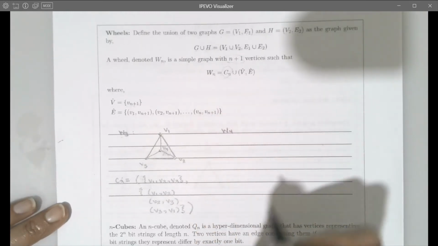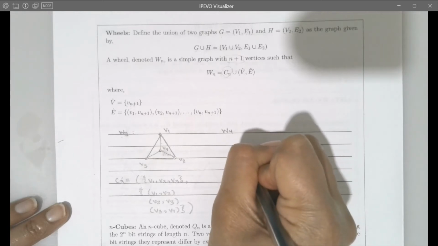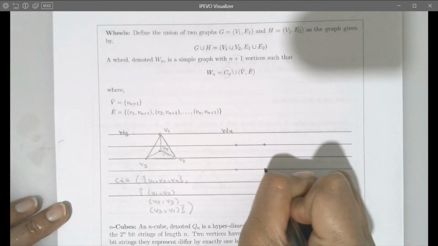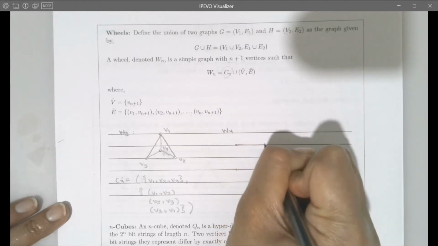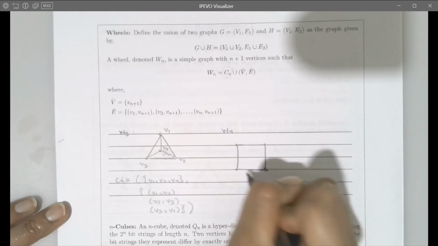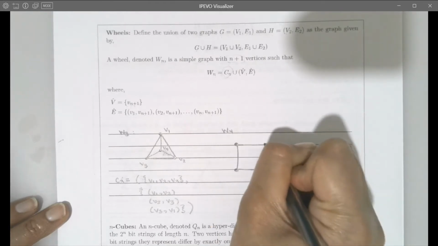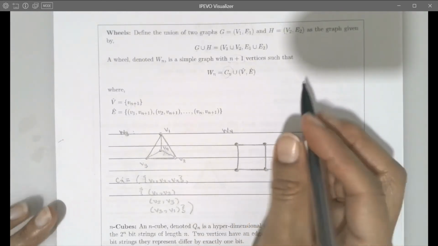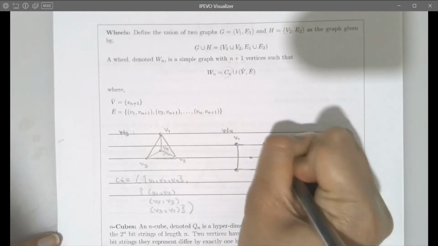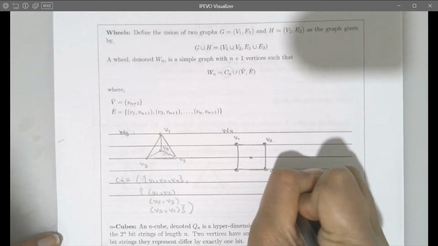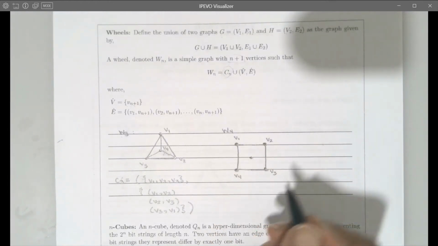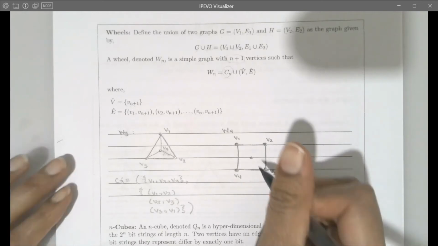So W4 is the union of C4, which is the cycle with 4 nodes. So first we'll draw that. And we introduce an additional node. So V1, V2, V3, V4 will be part of the original cycle C4.